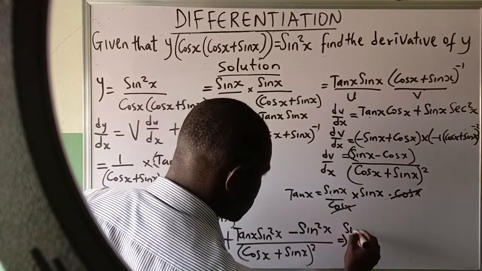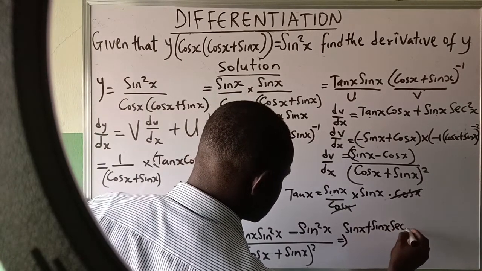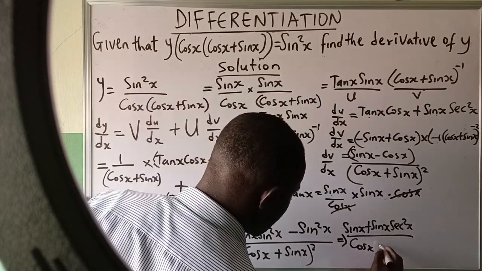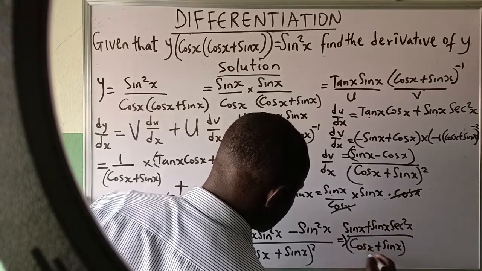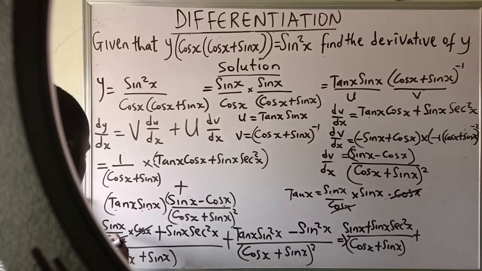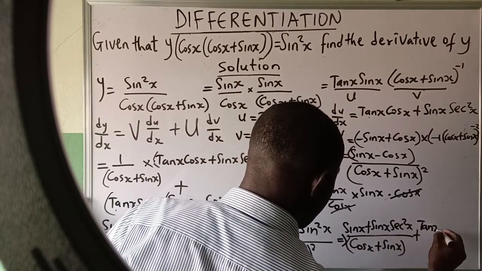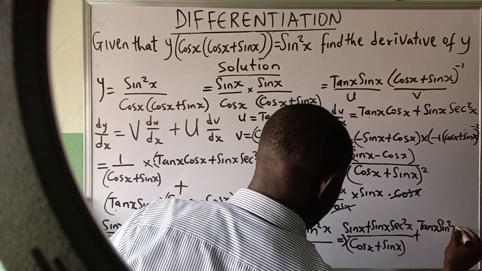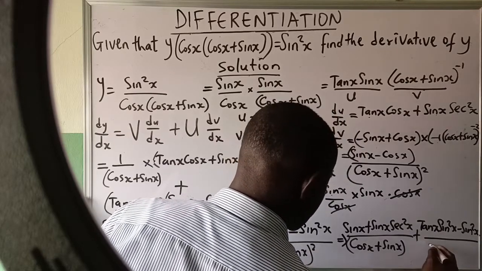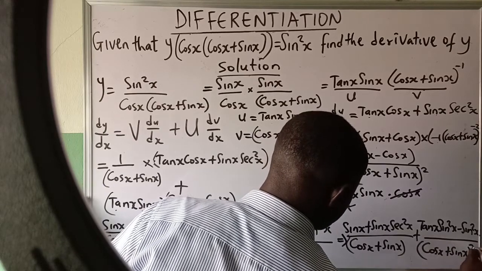So this will be giving you sin x plus sin x sec squared x all over cos x plus sin x, plus this will be giving you tan x sin squared x minus sin squared x all over cos x plus sin x all raised to the power of 2.